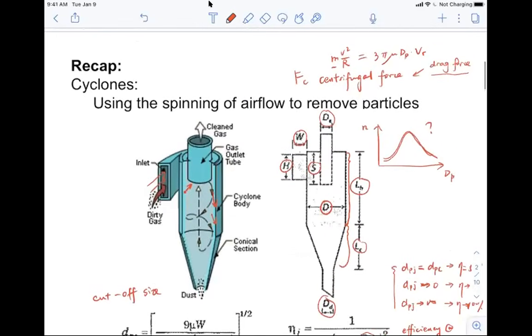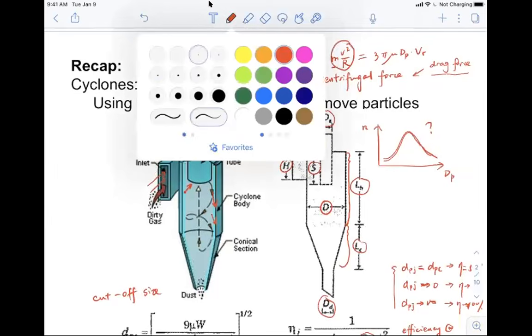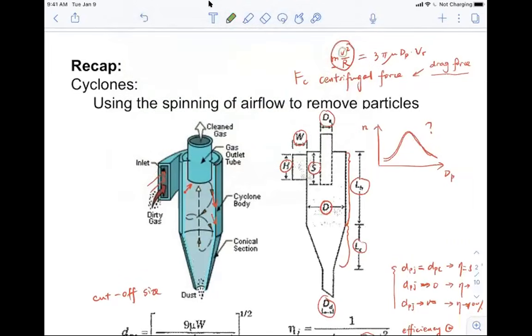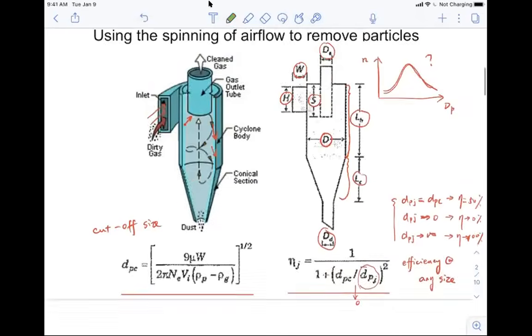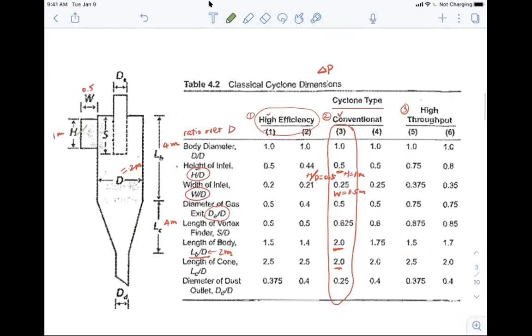If we come back to here, we're basically using the centrifugal force or the inertia of the system, right? So in order to improve the inertia, one thing we can do is to improve the velocity of the particle. That is basically the inlet velocity going into the system. So the higher the inlet velocity, the higher the efficiency, right?